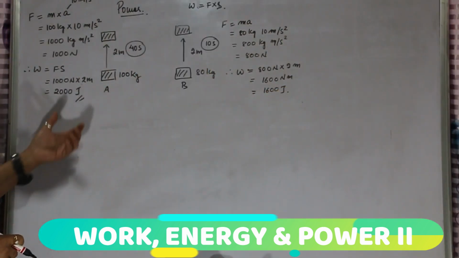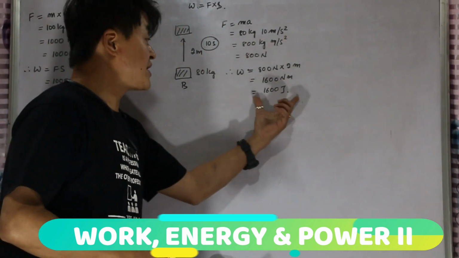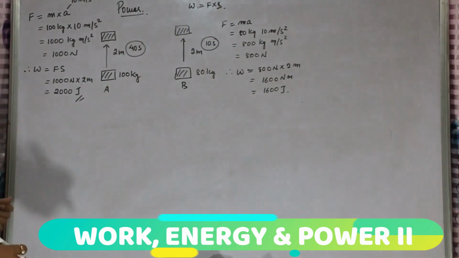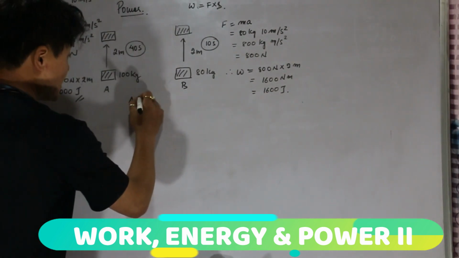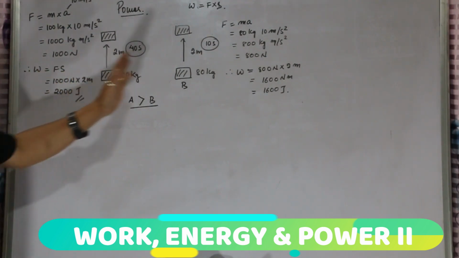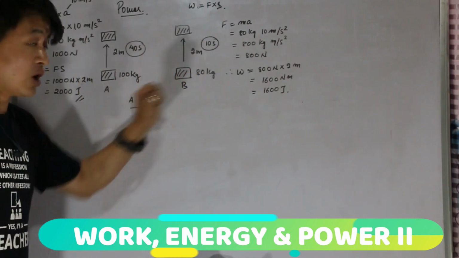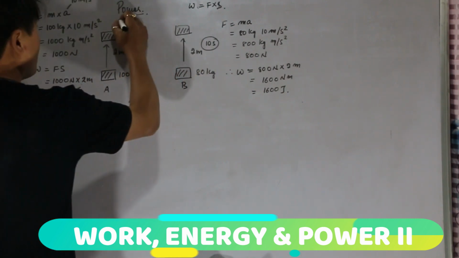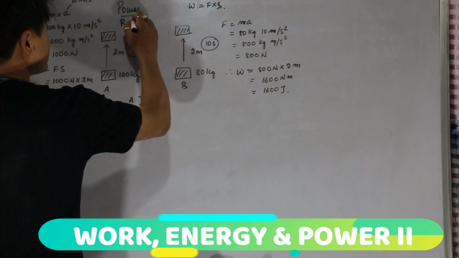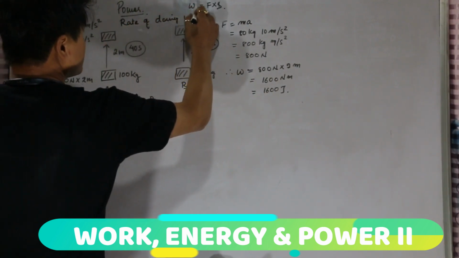Here we see that the work done by A is 2000 joules and the work done by B is 1600 joules. So the work done by A is greater than the work done by B. But here we try to understand power, and how power is related to work. We know that power is the rate of doing work.